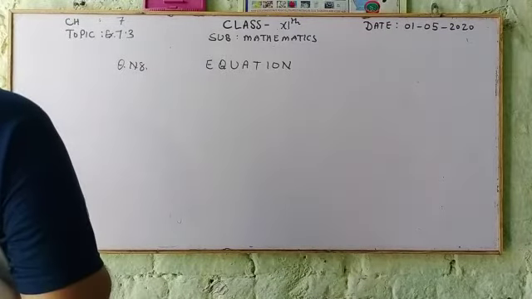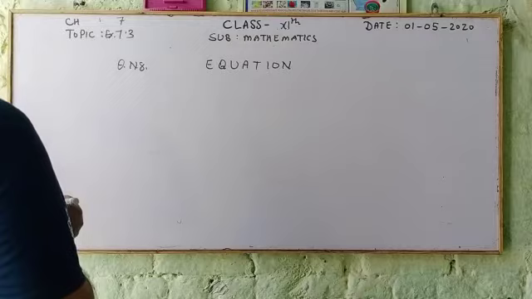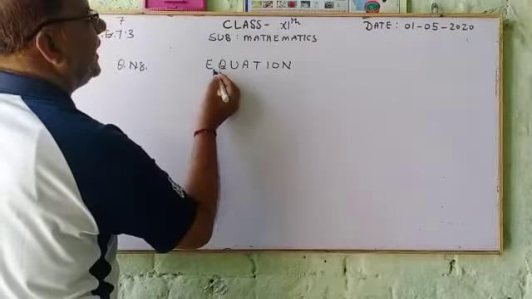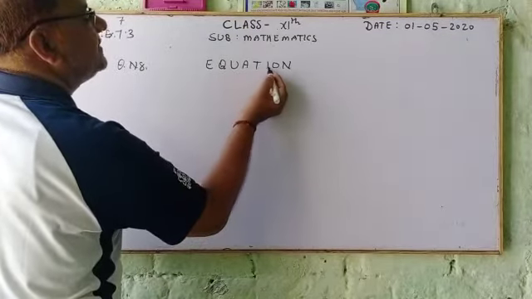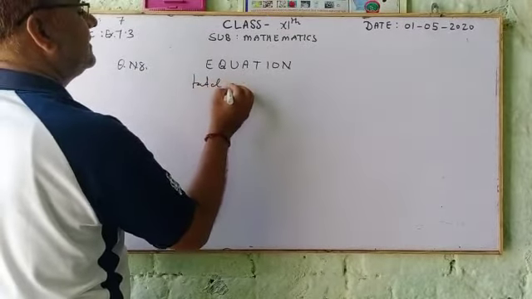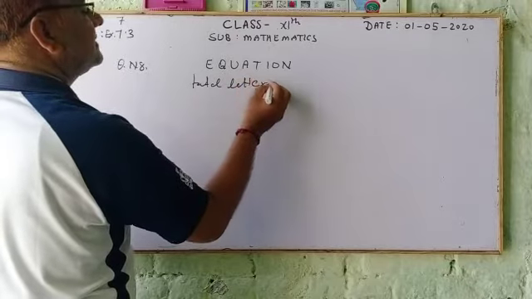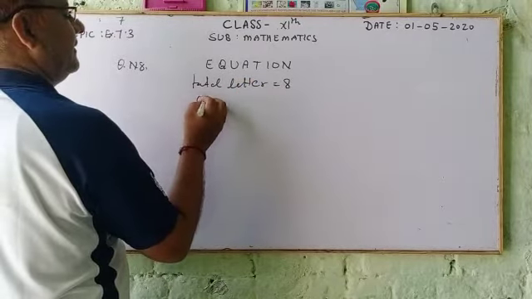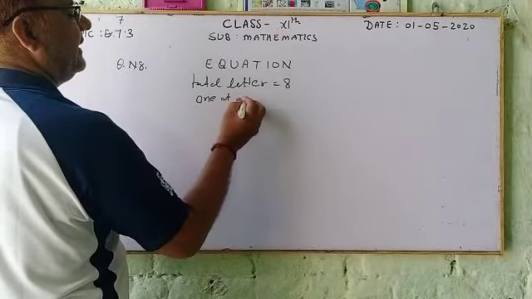So we arrange the word EQUATION using each letter exactly once. 1, 2, 3, 4, 5, 6, 7 and 8, total 8 letters, and we take all 8 at a time.